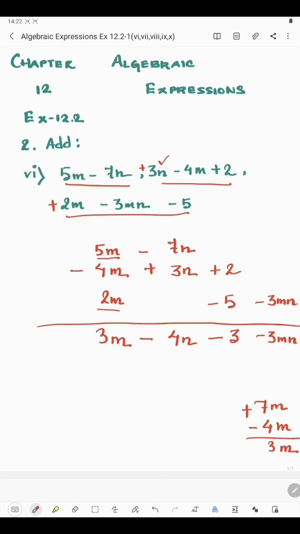Okay, so the answer will be 3m minus 4n minus 3 minus 3mn. We arrange things, and if we put the constant at the end, then it will be 3m minus 4n minus 3mn minus 3. Now coming to 7th part.